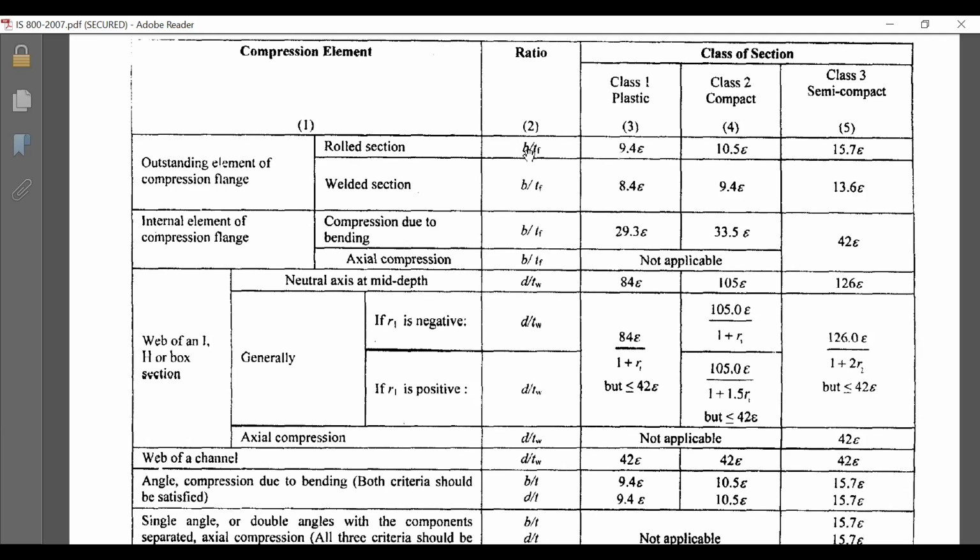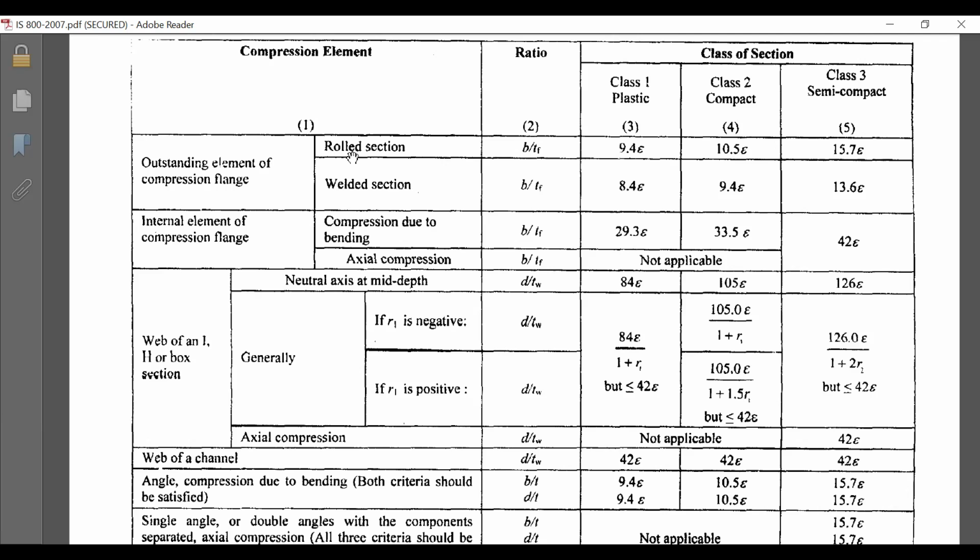If B by TF is less than 10.5 and greater than 9.4, it is class 2. If B by TF is less than 15.7 and greater than 10.5, then it belongs to class 3. So these are the three classifications. Please be very careful in understanding this.